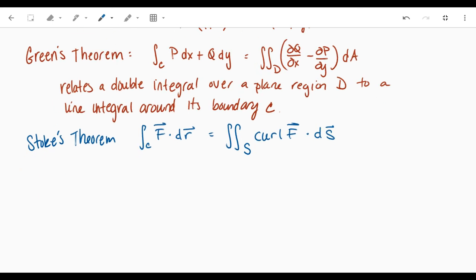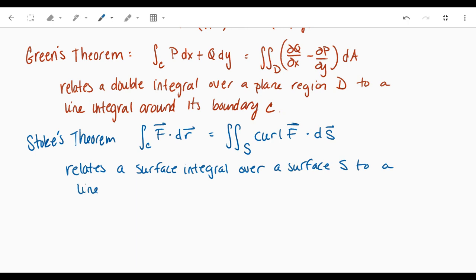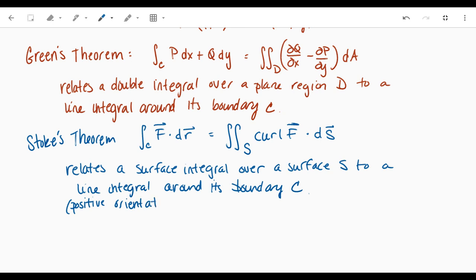And this relates a surface integral over a surface S, not a planar region, to a line integral around its boundary C. It does require positive orientation of the surface. Otherwise, we would just make it negative.